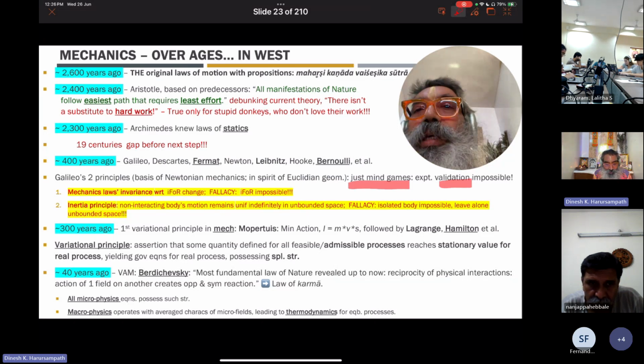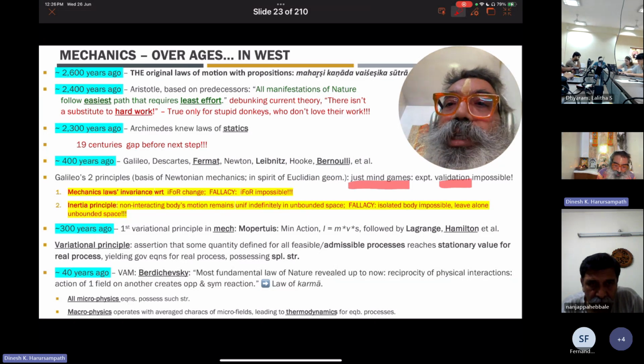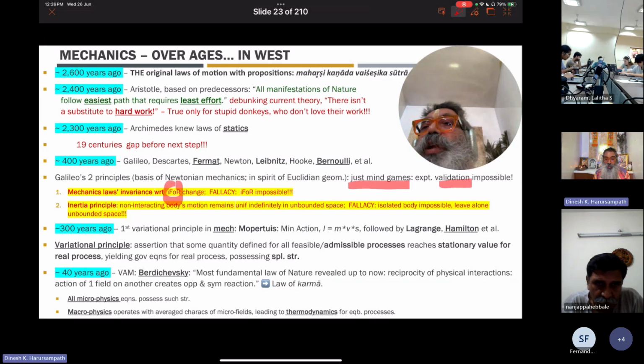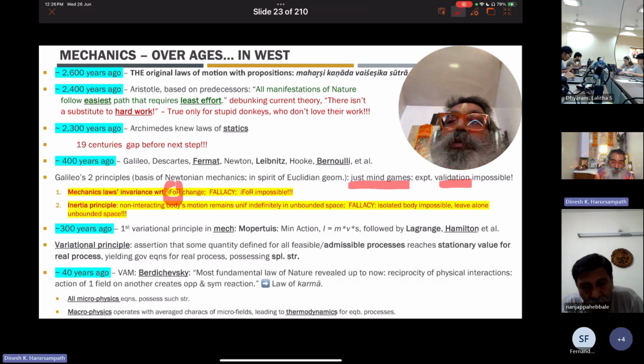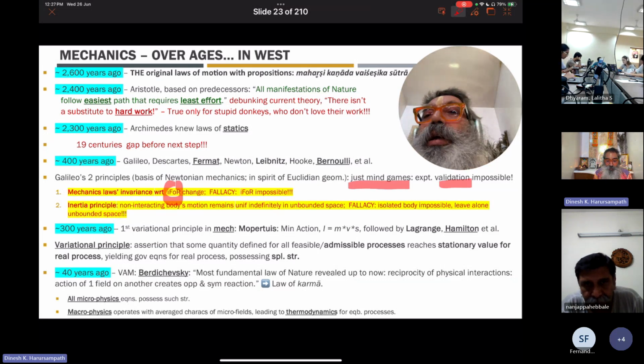The first one is the mechanics laws' invariance with respect to the inertial frame of reference. This I here stands for inertial, IFOR. And in the previous class we also discussed that there is no such thing in reality as an inertial frame of reference, because an inertial frame of reference is defined as one that is not accelerating.